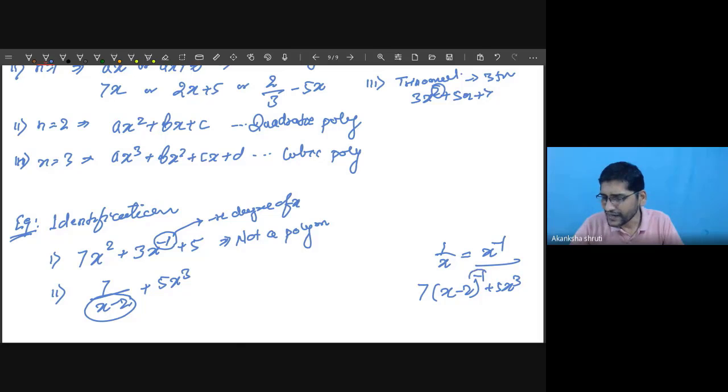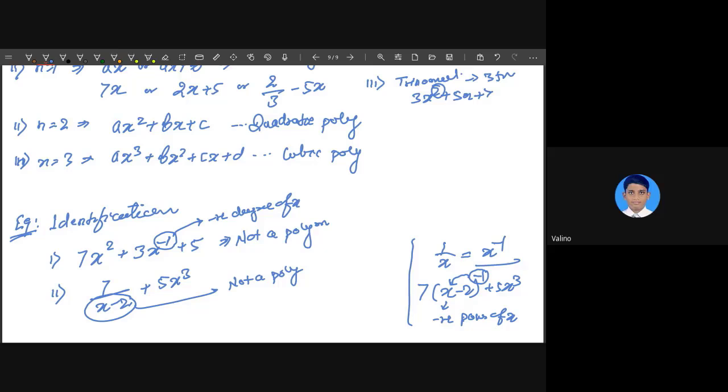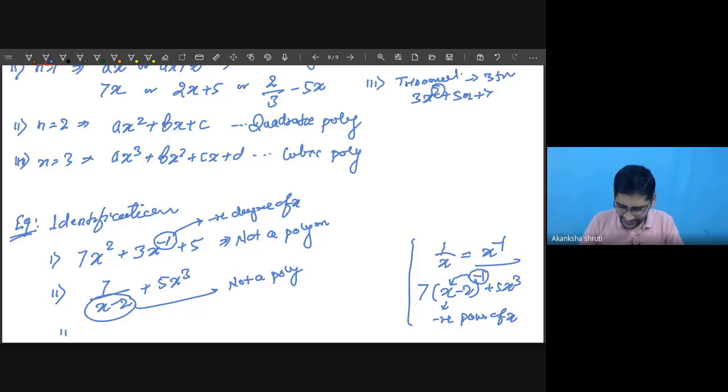So because of this minus 1 power, this x will also have minus 1 power. Okay, that breaking you will learn in higher standard, but here you need to just understand it gives a negative power of x. So it is not a polynomial. So this way you can identify whether the given expression is a polynomial or not.